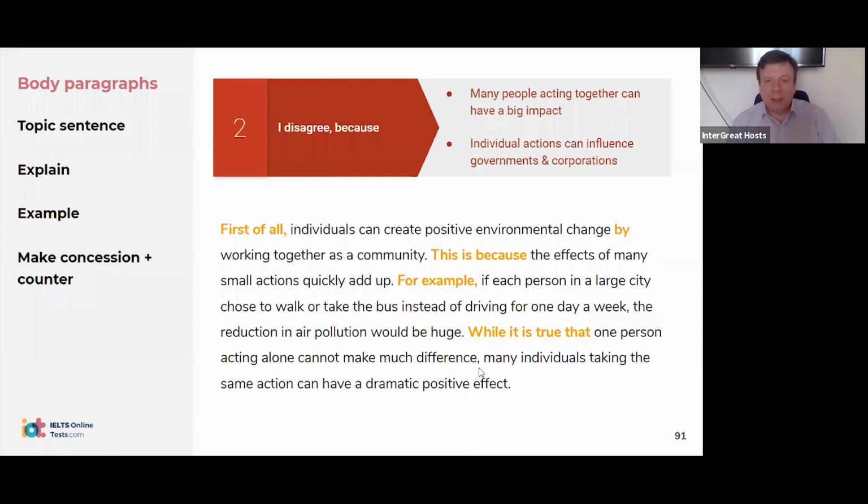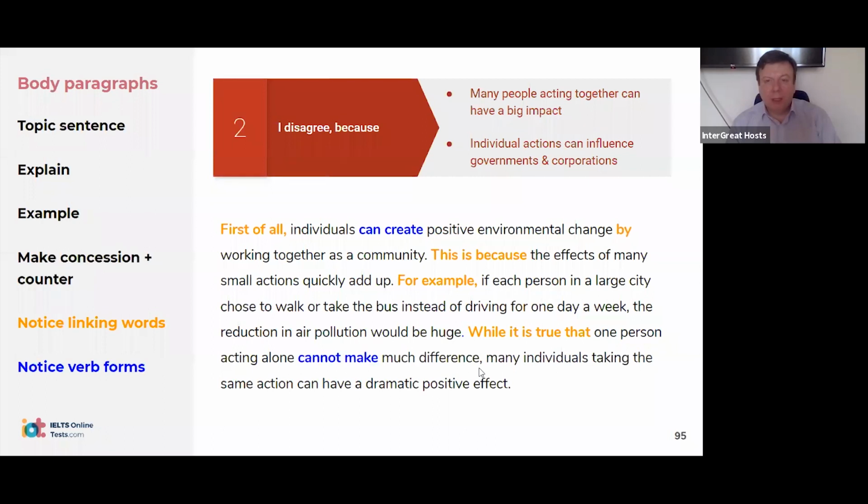So let's have a look. So we've got a good range of linking words. First of all, this is because, for example, while it is true. Now have a look at our word forms. So we've got modals, and then we've got an if.